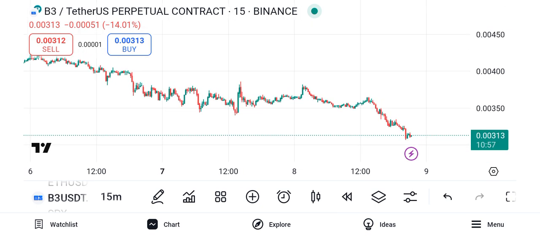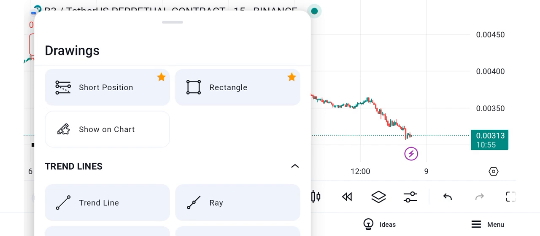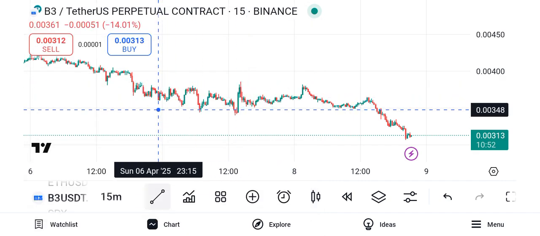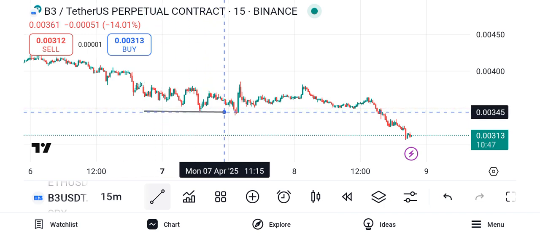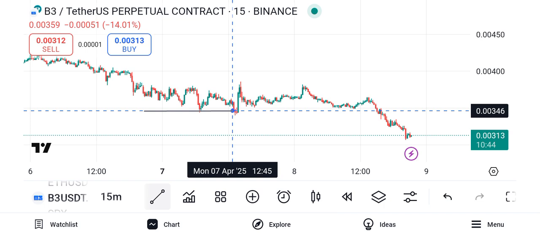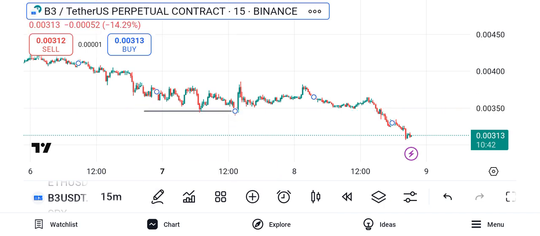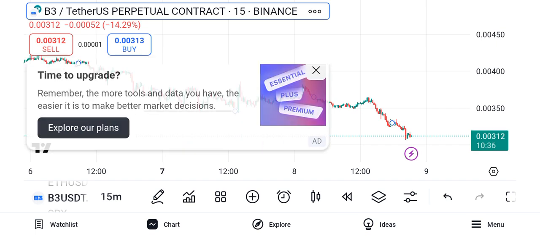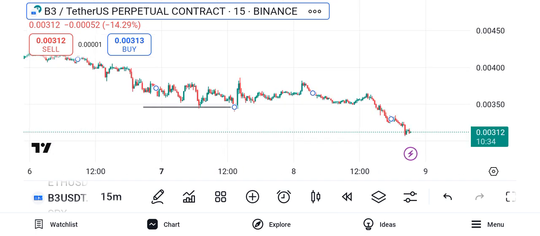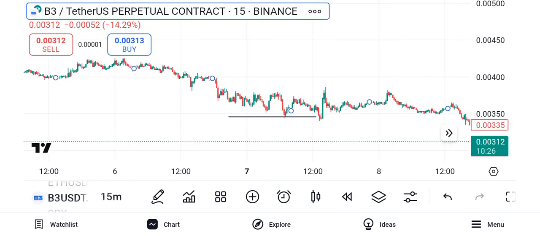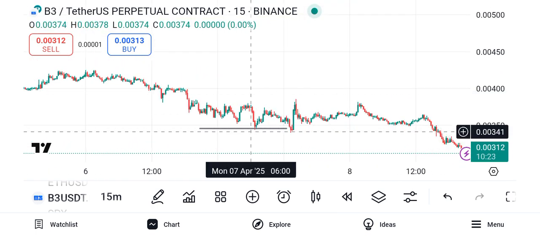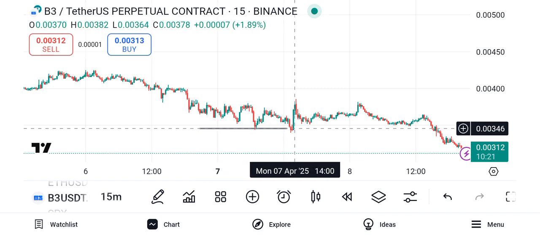What happened? You can see that price action came to this key zone right here, this swing low right here, and took out the liquidity right here, right?